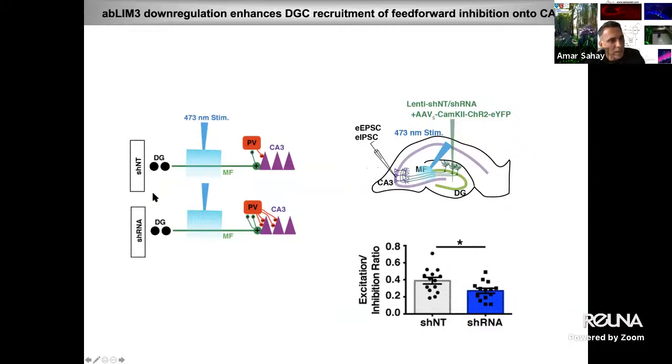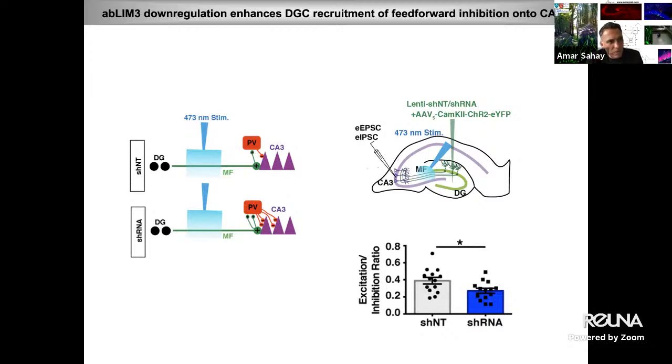We either downregulated ABLIM3 with a shRNA or a control non-target RNA, and then we recorded evoked inhibitory and excitatory postsynaptic responses in CA3. And what we found was that in animals in which we had increased feed-forward inhibition connectivity, we saw, as predicted, a decrease in the E/I ratio, which was driven by an increase in the evoked inhibitory postsynaptic responses in CA3 neurons.